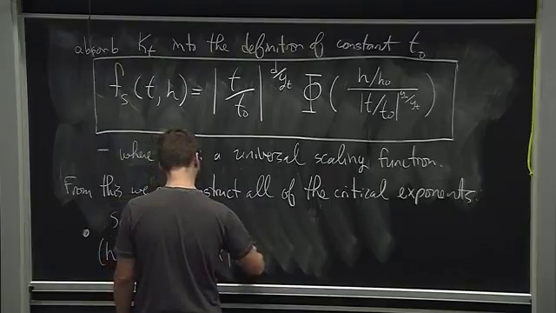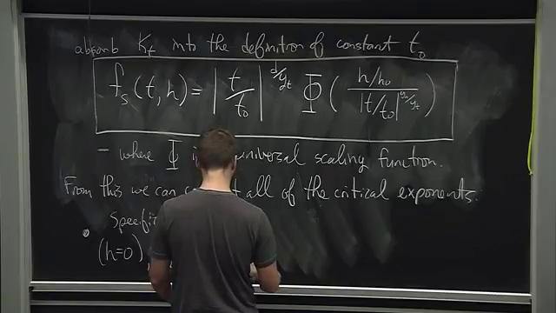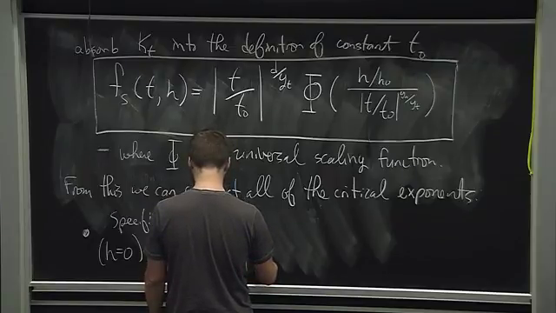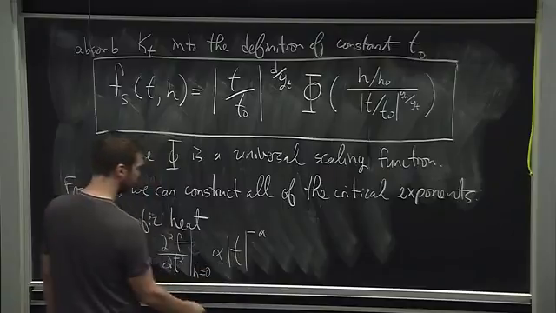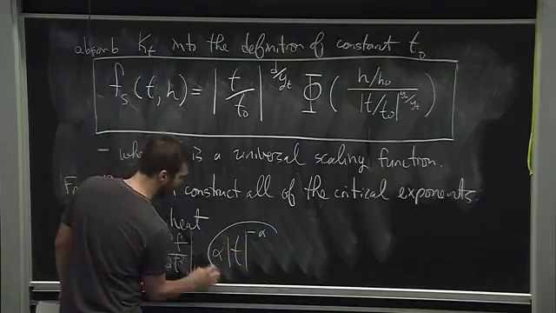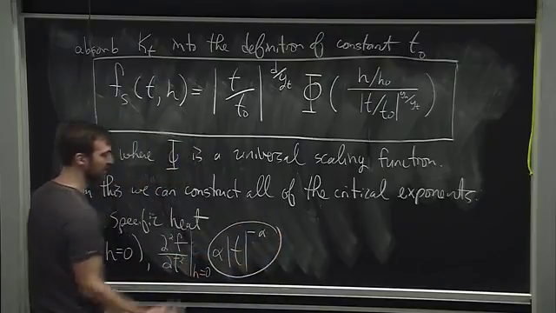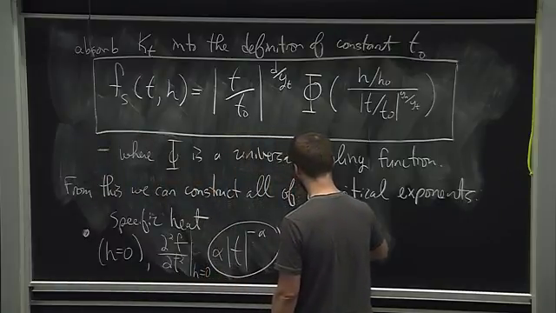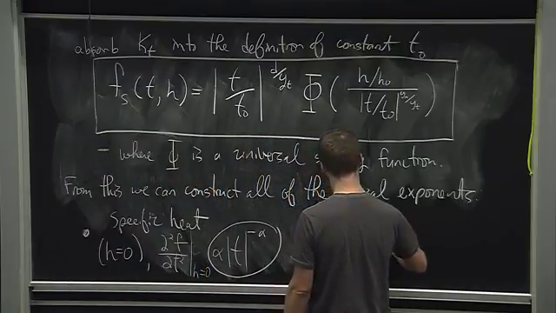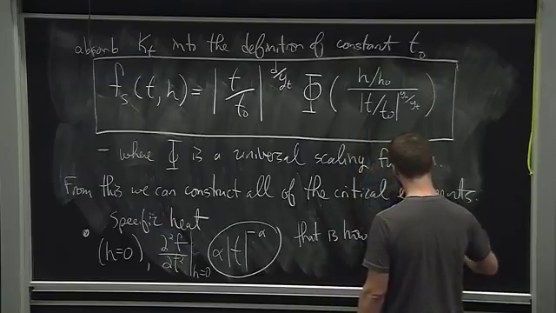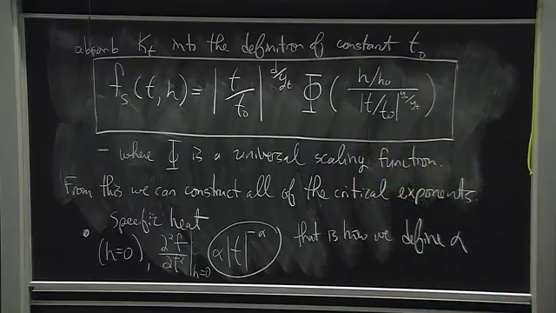This is T to the, we know that this gives us alpha, right? So it should be equal to the reduced temperature to the alpha. That's how we defined the critical exponent alpha. So all I got to do is take a derivative of my free energy with respect to temperature twice, and now I can relate alpha to the scaling dimensions y.